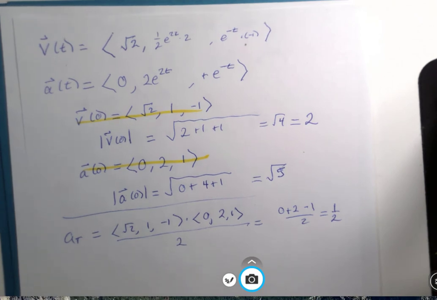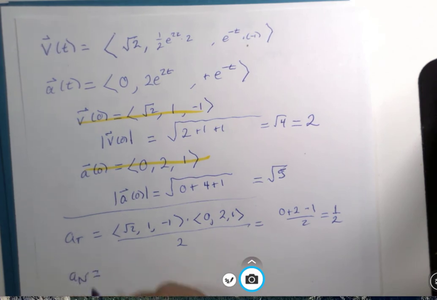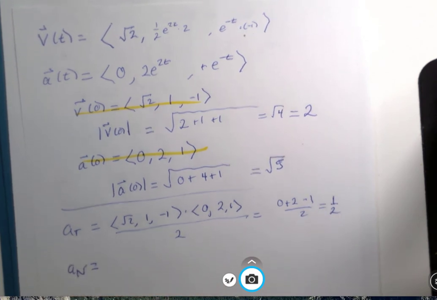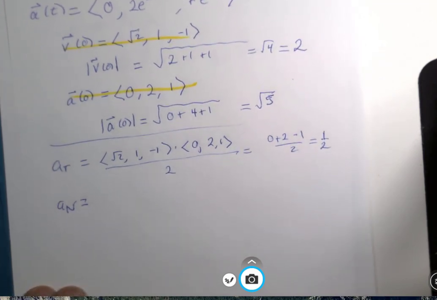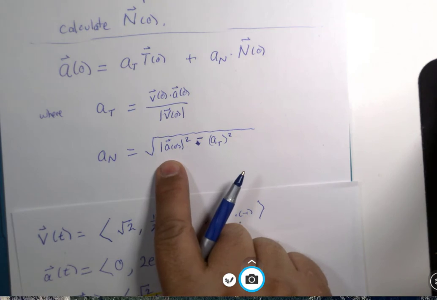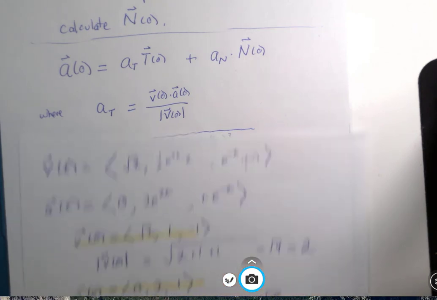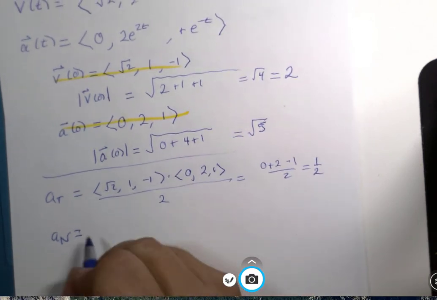And then the other constant, with respect to n, is, let's see, the magnitude of acceleration squared minus a sub t squared, in the root.